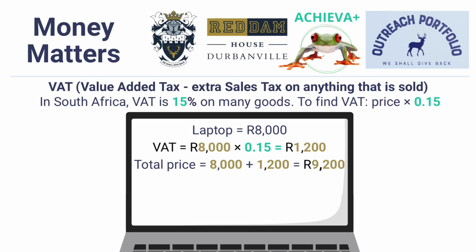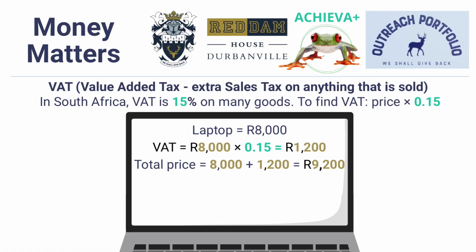Let's calculate VAT, the value added tax, which is the extra sales tax on top of anything that is sold in South Africa. In South Africa, VAT is 15% on many goods. To find VAT, you take the price of that item and multiply it by 0.15. A laptop costs 8,000 Rand. The VAT is 8,000 times 0.15, which is equal to 1,200 Rand.